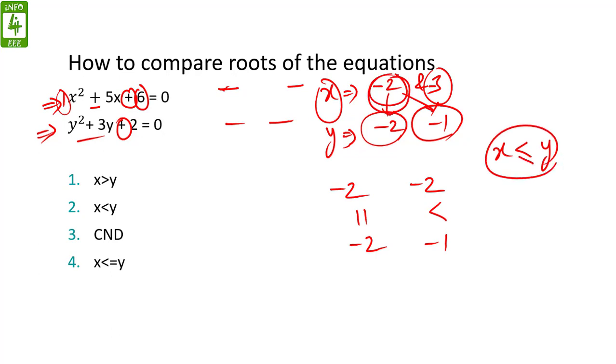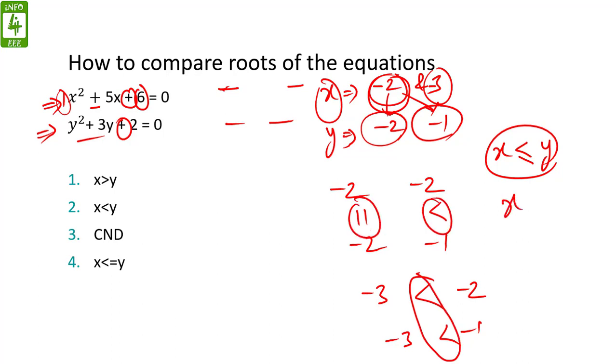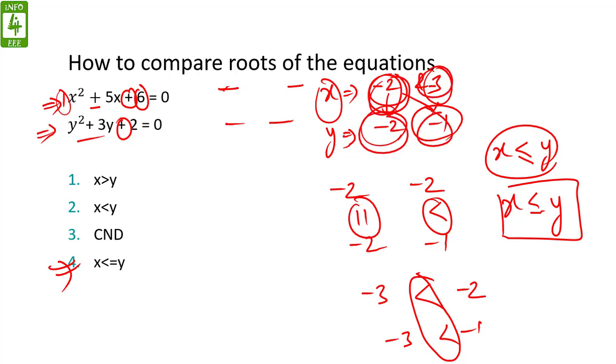In the second case, minus 3 and minus 2, this is less, minus 3 and minus 1, this is again less. All the conditions come out less than or equal to, so we can say the roots of x are less than or equal to y. So the fourth will be the correct answer. You need to compare each root: this you compare with this, and this you compare with these two, and you will find your answer.